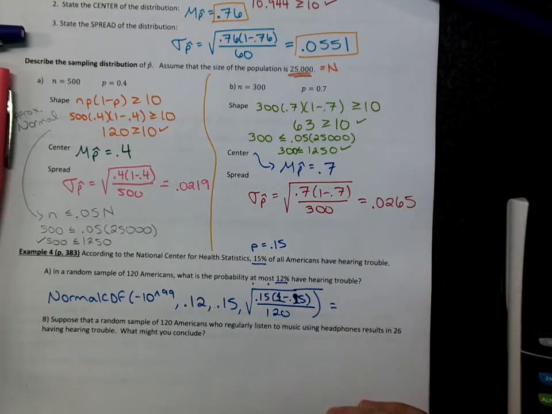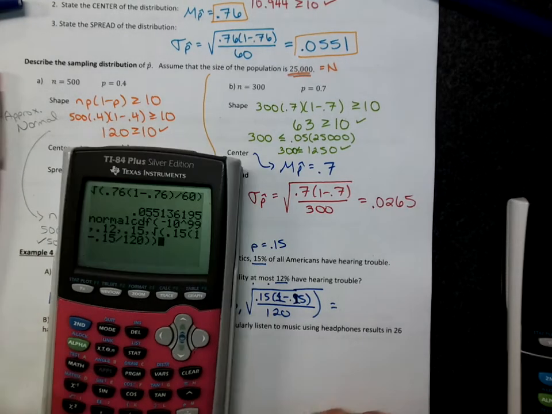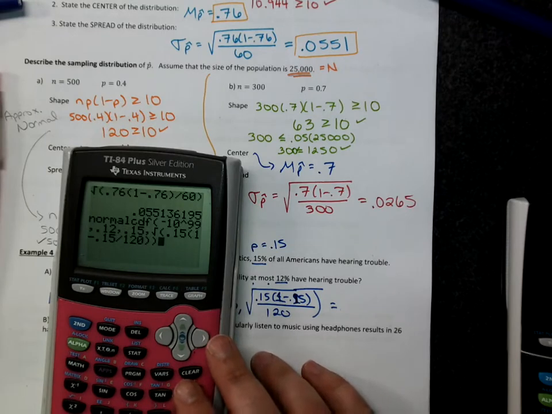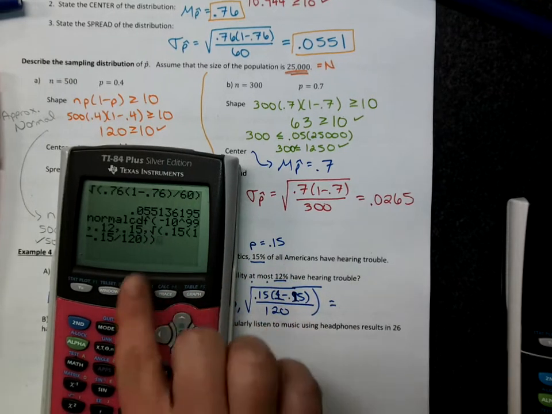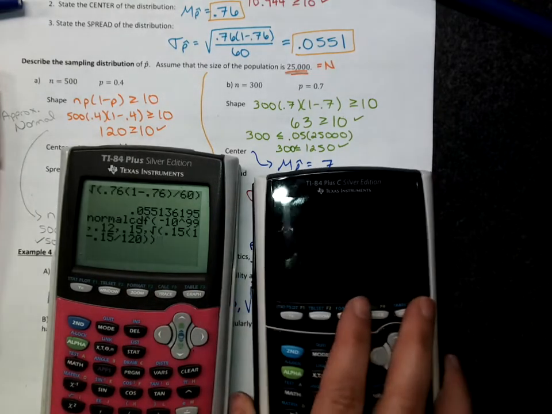So we're going to do second bars, normal CDF, negative infinity to 0.12, 0.15 is our center, and the square root of 0.15 times 1 minus 0.15 divided by 120. So again, you can type that all in together. Just be careful where your commas and your parentheses are. With the older calculators, you're going to have a double set of parentheses at the end.